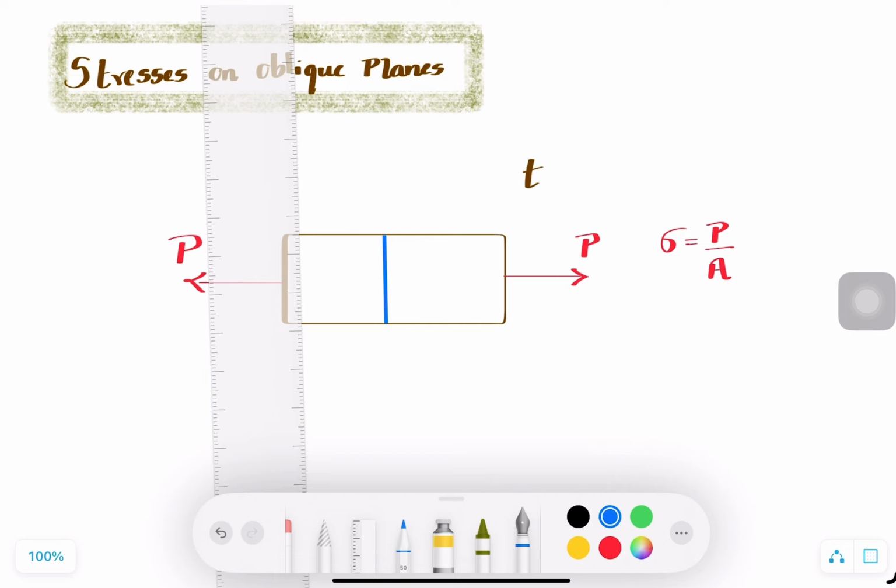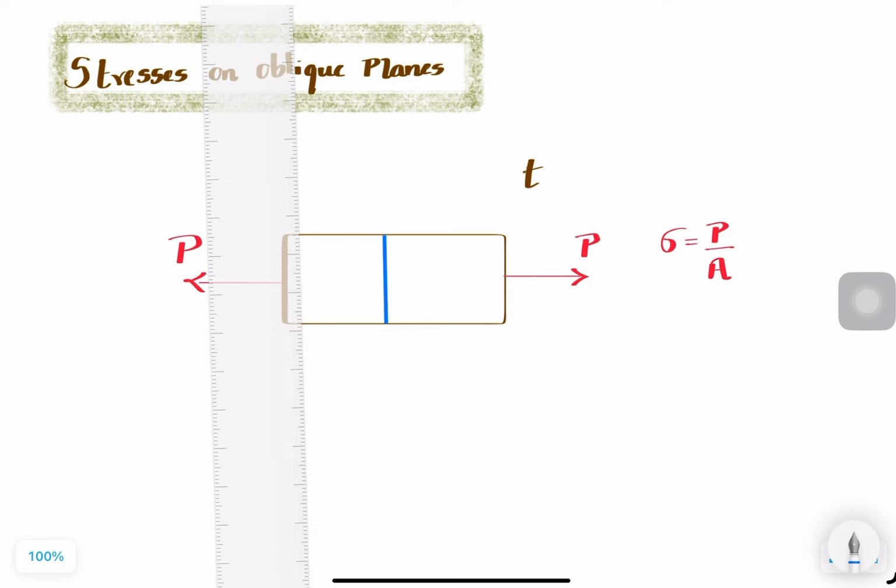Thickness is measured along the z direction. Let us say that this is AB. So I can further write this formula as load divided by the length AB into thickness. That is the cross-sectional area.